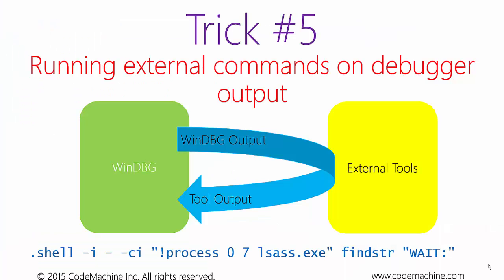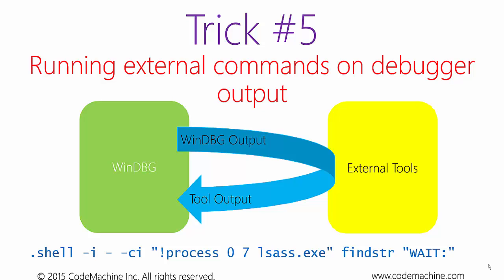WinDBG commands display their output in a specific format. Oftentimes, we need to perform further processing on the raw output of a command to extract the data that we need. A simple but cumbersome way to perform processing on the output of a debugger command is to save the output of a command to a file, run an external text processing utility on that file, and then examine the output.